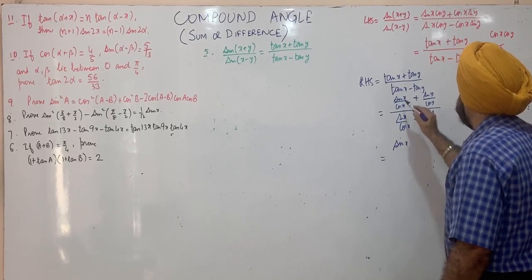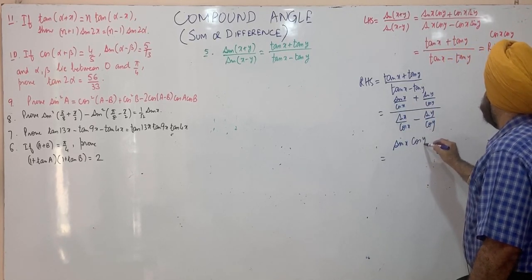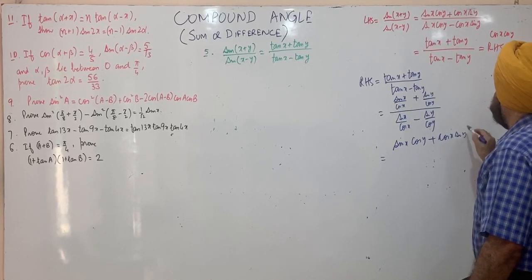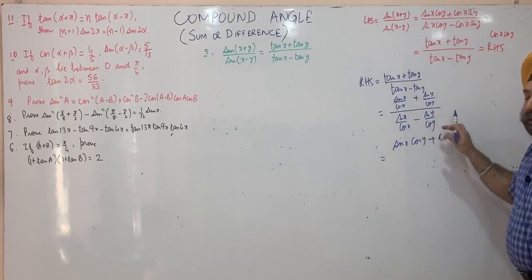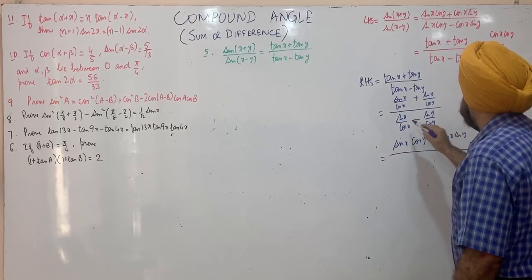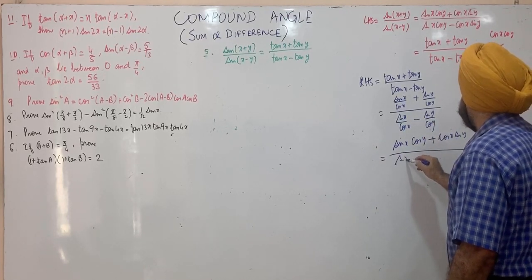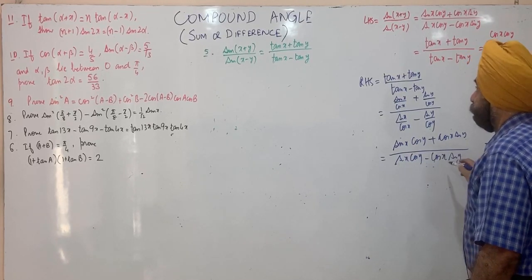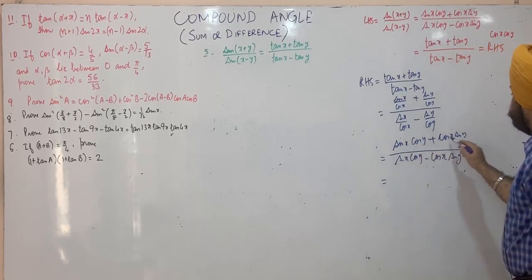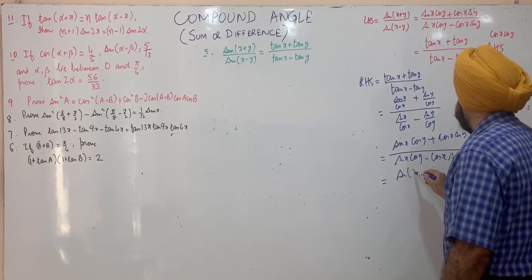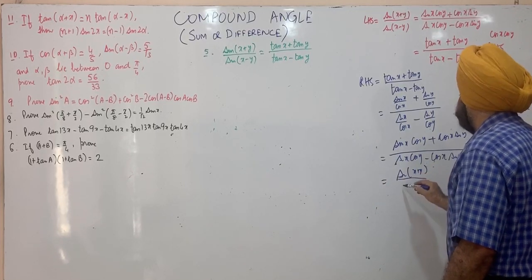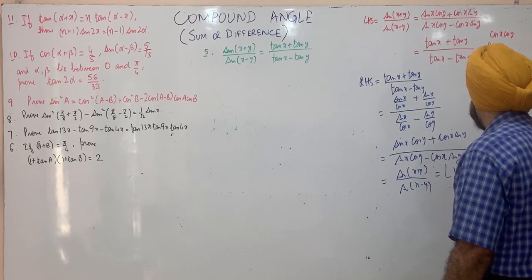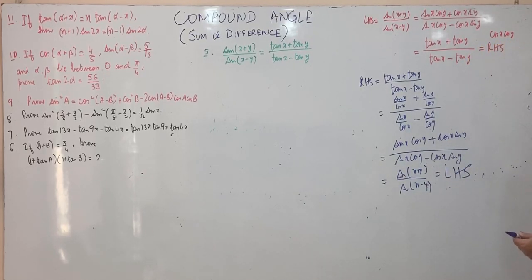This is sin x cos y plus cos x sin y upon cos x cos y, which will cancel out. Denominator sin x cos y minus cos x into sin y. Numerator is sin of x plus y here, and denominator is sin of x minus y. This is same as the left hand side.